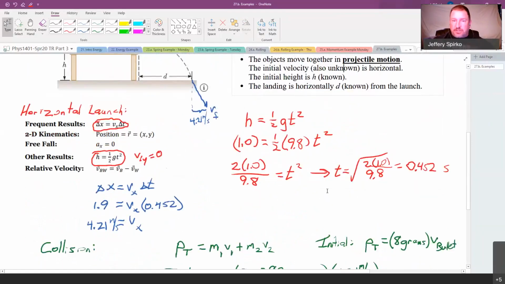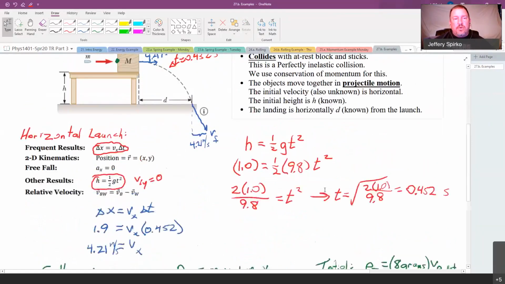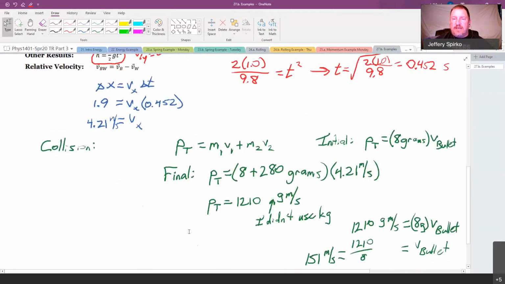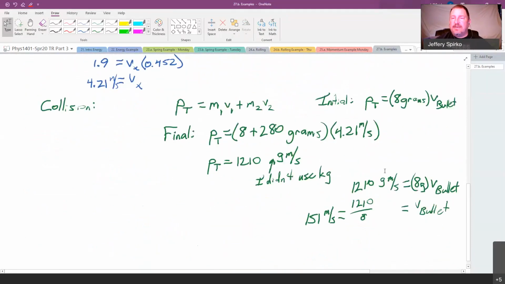So we just have to churn through it, use one of the directions, either x or y, to find the time of flight, and then plug it into the other one. So we had to use the height, the y direction information, to find the time of flight, plug it into the x equation to find the x velocity during the flight. And then that is what allowed us to figure out what happened in the collision.